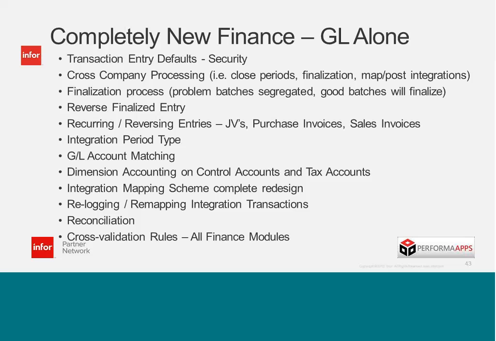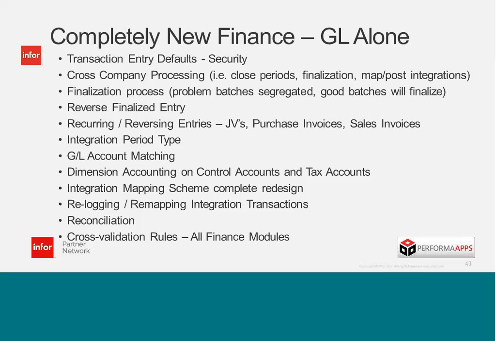And okay, so dimension accounting is a massive new area. So in Baan 5, you had the capability to do essentially a P&L by dimension. So you could do your P&L by customer or item group or department, but you couldn't do the balance sheet accounts.